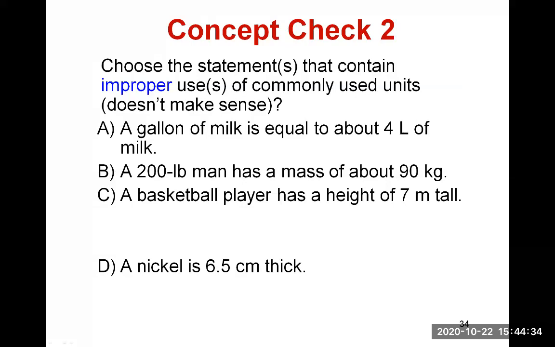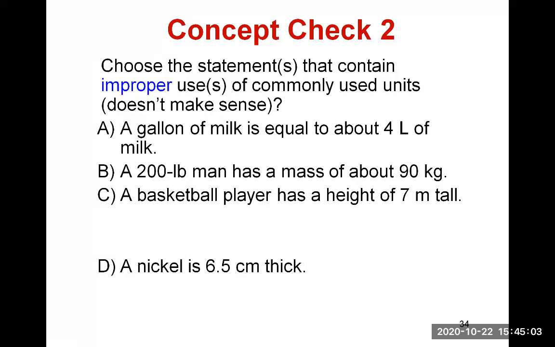For example, if you go to Canada and fill your tank of gasoline, here in the US it's in gallons, but in Canada it would be in liters. So the number of liters is about 4 times the number of gallons you would take here in the US. A 2,000-pound man has a mass of about 90 kilograms.